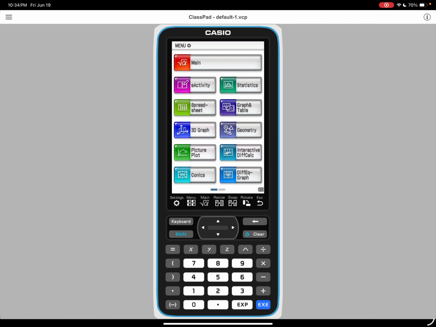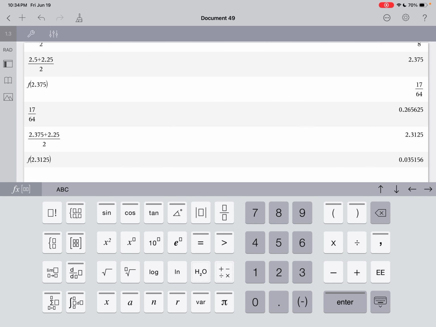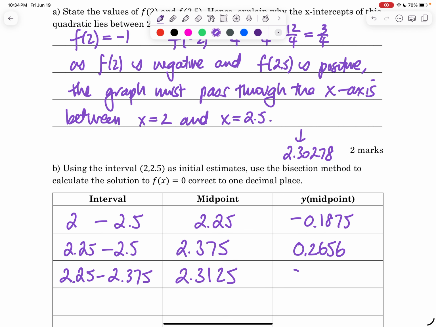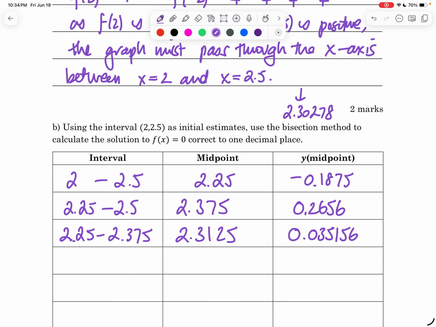And then f of that value is 0.035156. Okay, so now because it's positive, we replace the right end point, so 2.25 to 2.3125.